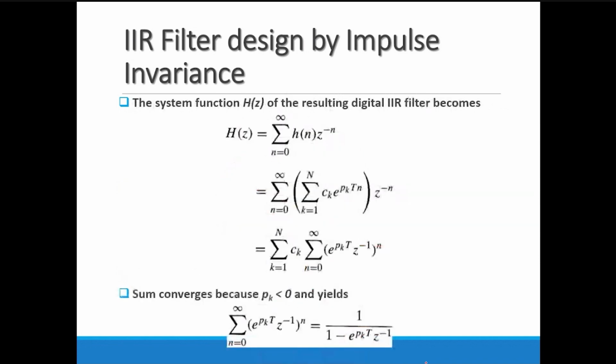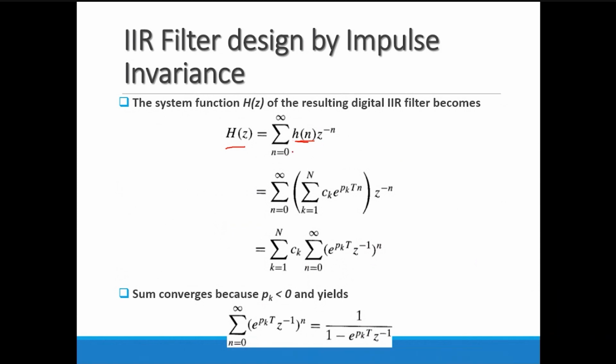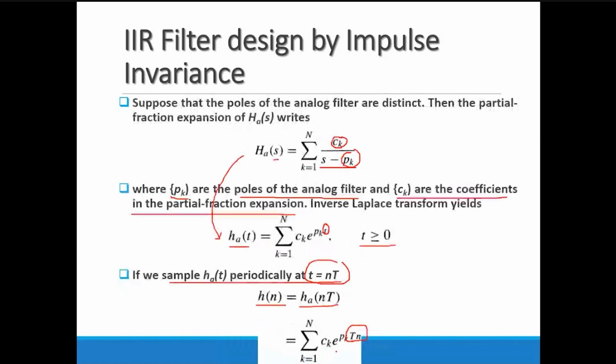Okay, now we go for the digital IIR filter based on this. The equation for the system function using the Z transform is H(z) equal to summation from n equal to 0 to infinity of h(n) into z raised to minus n. Now apply the value of h(n) that we got in the previous equation, summation from k equal to 1 to N of ck e raised to pk nT.